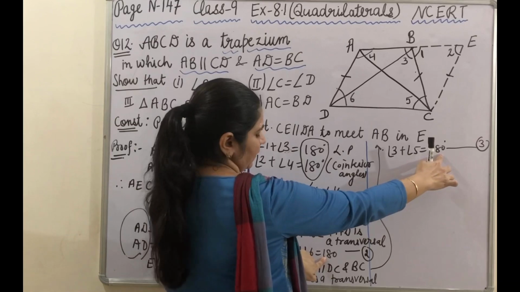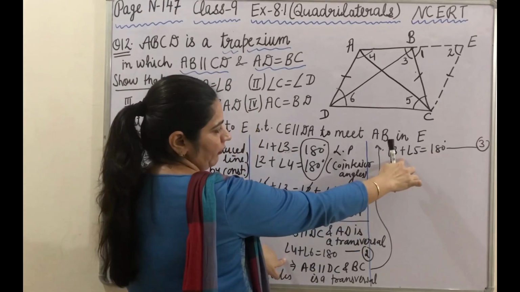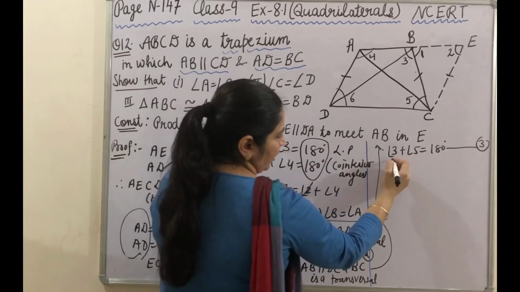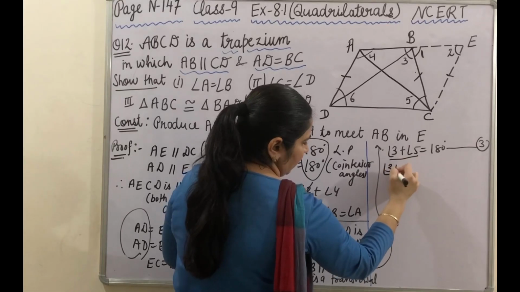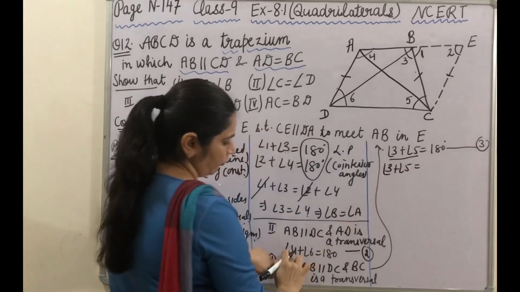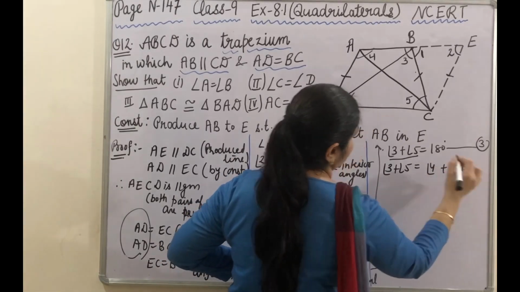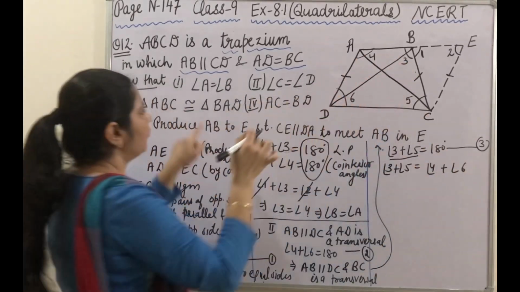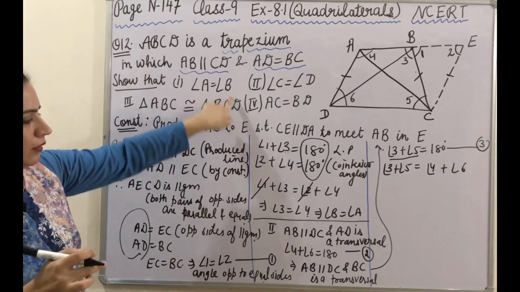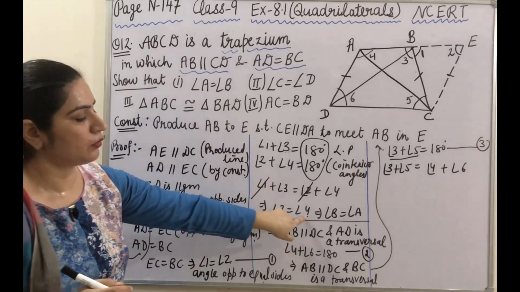When the right hand side is the same, we can compare the left hand side also. So we can write 3 plus 5 is equal to 4 plus 6. But here we have proved angle 3 is equal to angle 4.